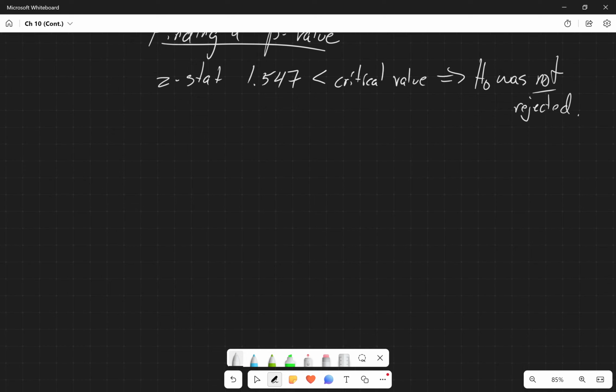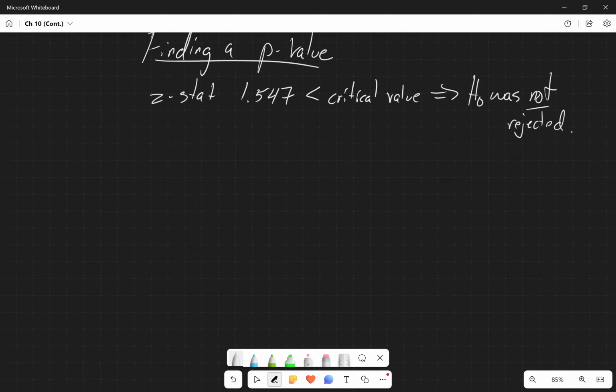So the way that we find a p-value from a Z statistic is we round this to the 100th place, to 2 decimal places, 1.55.